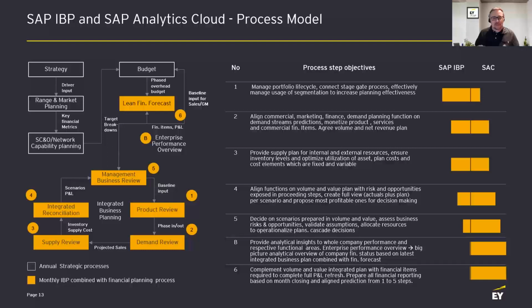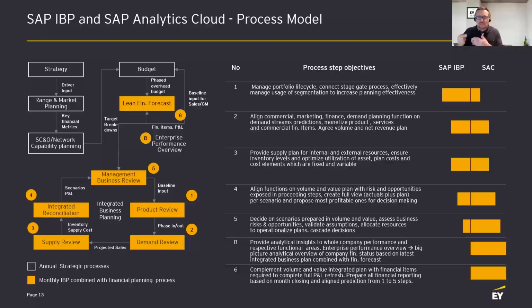Therefore, the connection between those two tools for these process steps, which helps to properly address a product review, not only from the volume, but also from the revenue and cost planning perspective, is an objective of this model. And it's being addressed through the connection of SAP IBP and SAC. So in the second process step, we're talking about planning your volumes, but also planning your revenues through your drivers, through your predictive functions, through the scenario planning.